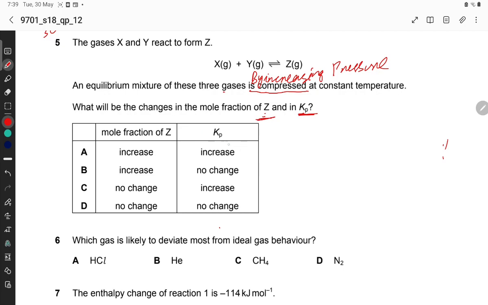Changes in Kp increases by increasing pressure? Kp is only temperature dependent. It is not affected by increasing the pressure. It is only temperature dependent.